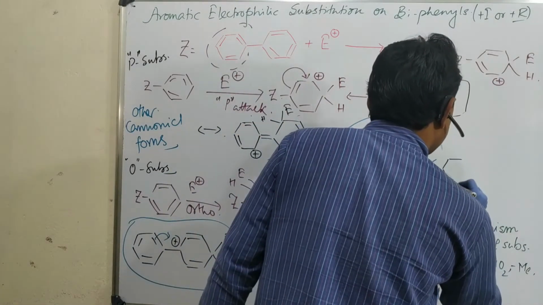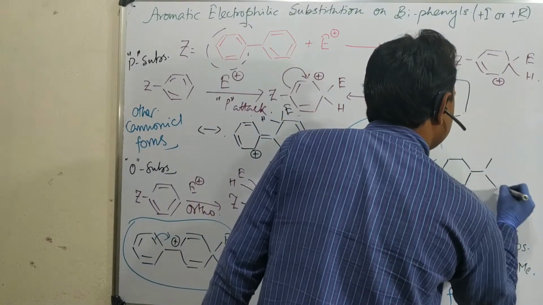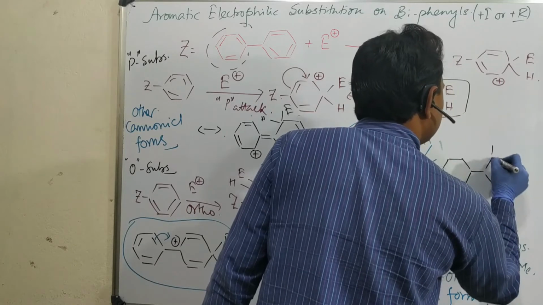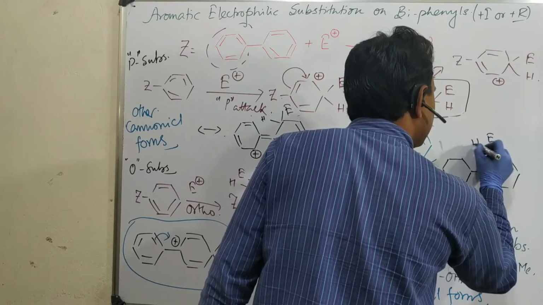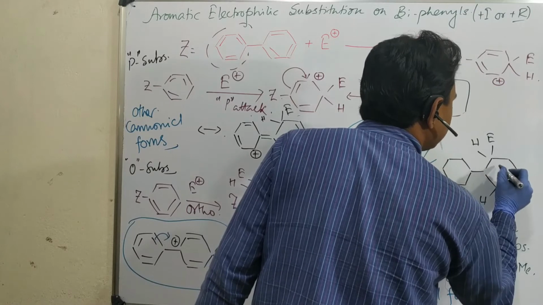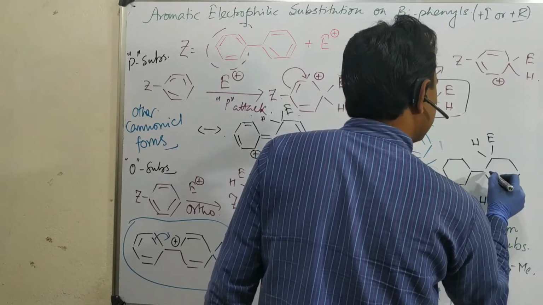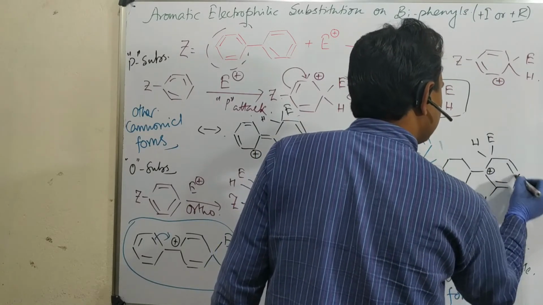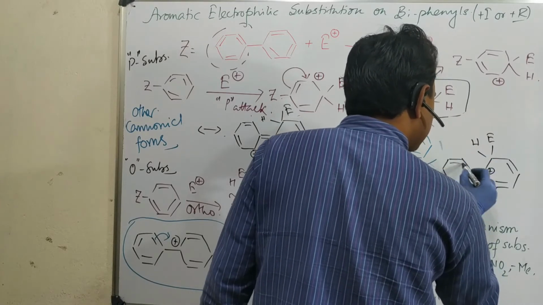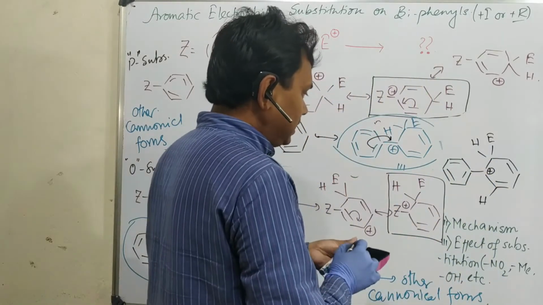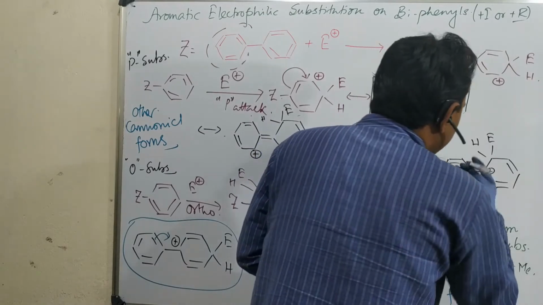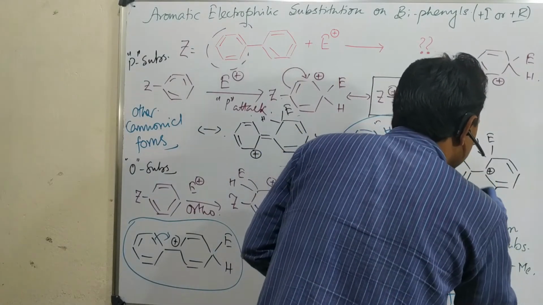Phenyl, this is the electrophile, this is hydrogen, and let's consider the plus charge is at this center, and similarly you have hydrogen at this position.